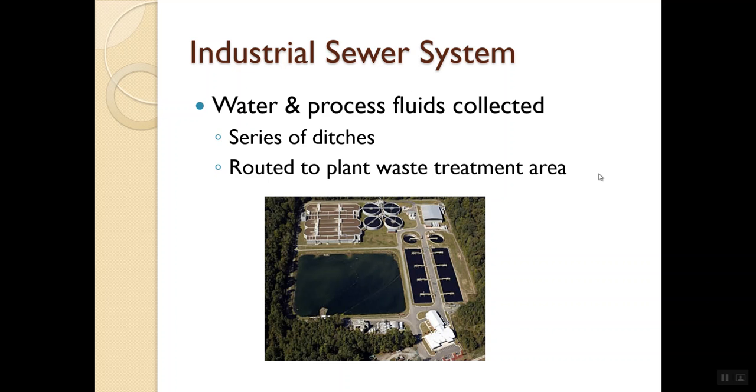Generally speaking, the treatment areas are going to remove hydrocarbons, remove oil phases, remove all kinds of different things, any contaminants that may get into it before it is discharged back into the environment.